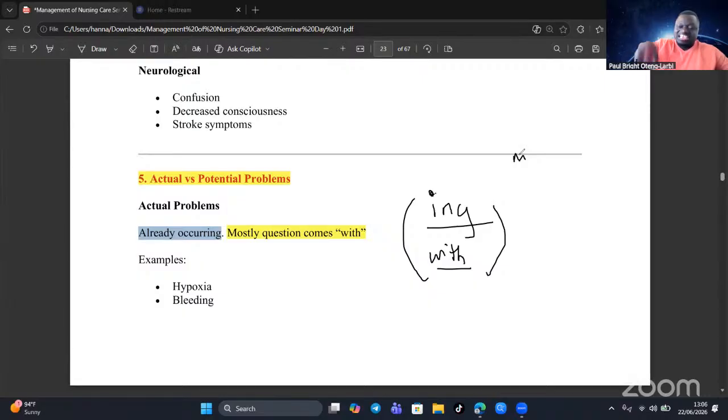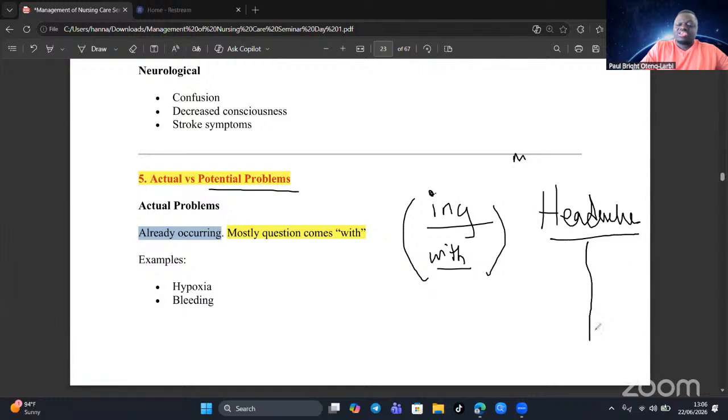So actually, he has the problem. Okay. Then the potential. I have headache. The fact that I have headache, the nurse can anticipate that, okay, if you don't treat the headache, it can give the patient what? Arrhythmias.